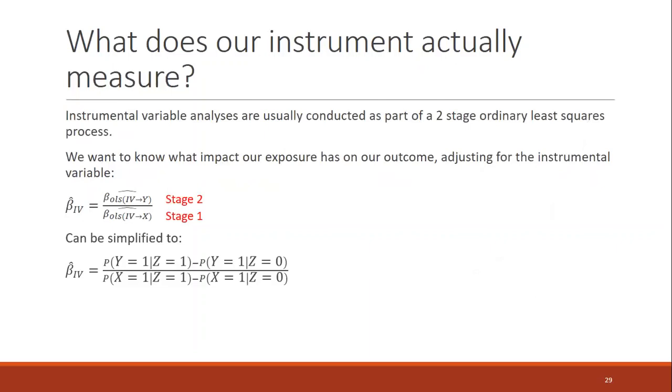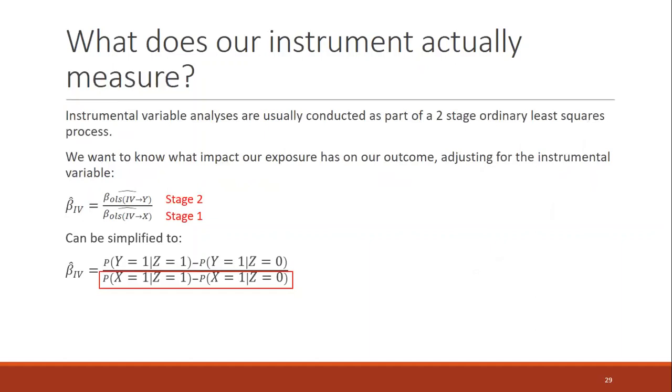This is the equation that's often used, and it can be simplified if we think about a dichotomous instrument and a dichotomous exposure to look like this. The bottom is saying, what's the probability that somebody would be exposed if their instrument was 1? So what's the probability they would get a Cox-2 if their physician preferred Cox-2s versus the probability they would get a Cox-2 if their physician didn't?